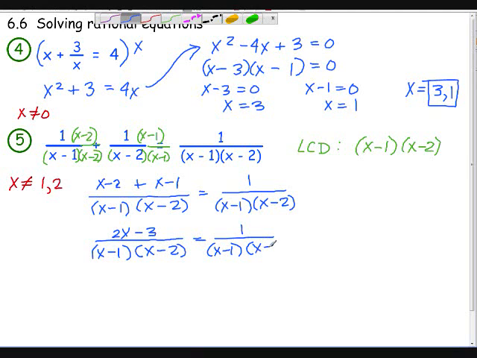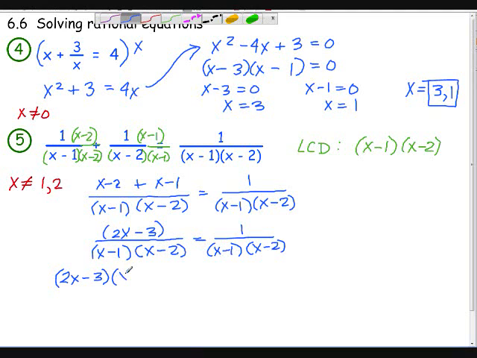Let me point out to you now that I do have a proportion at this point. I have a single term on this side, complicated looking, but still a single term. So now I could cross multiply, and that's exactly what I'm going to do. I'm going to say 2x minus 3 times, well, what would this be if I multiplied it out?